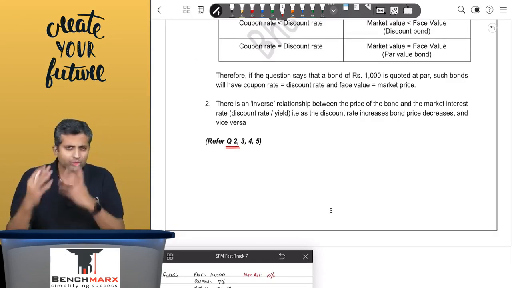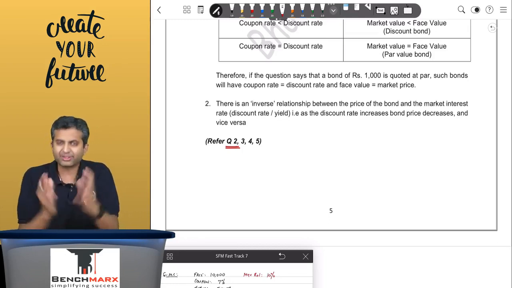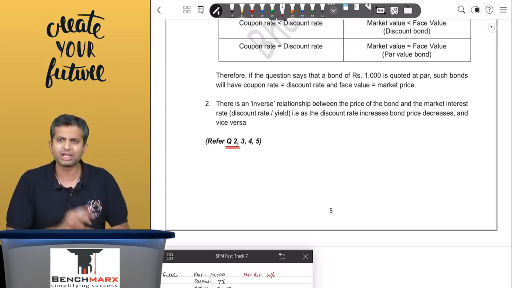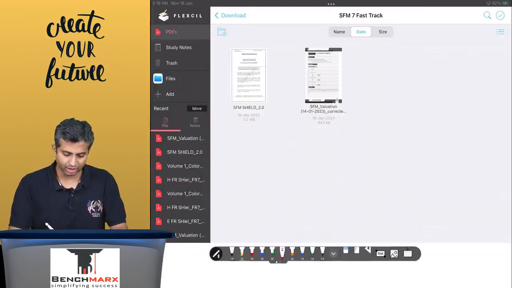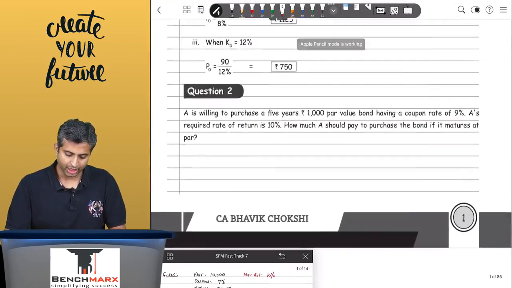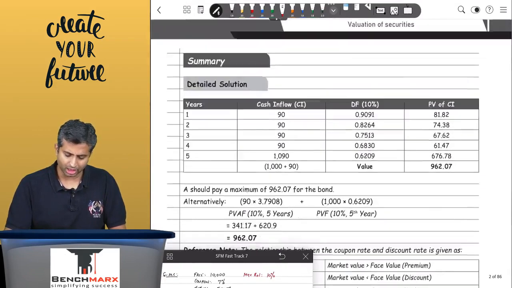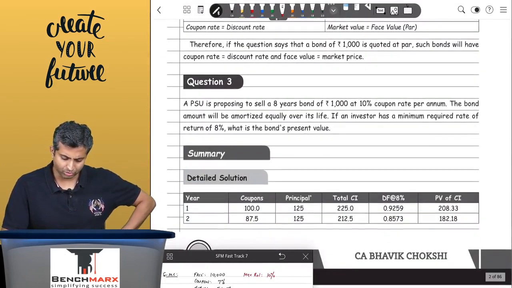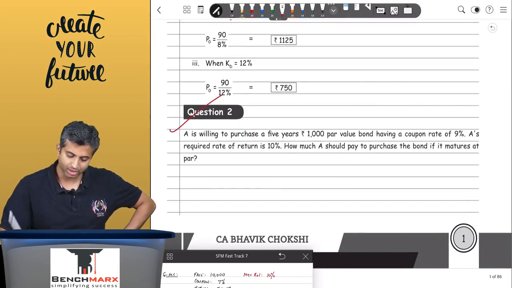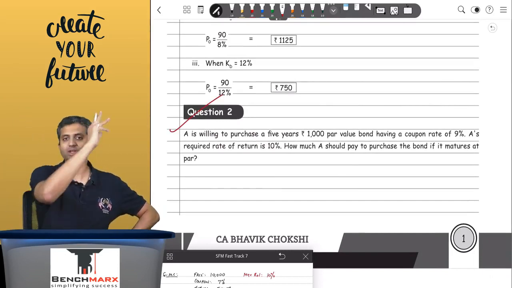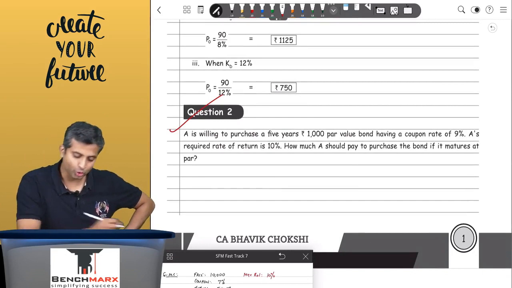Then we will do some dissection, some post-mortem of that number, try to get some conceptual knowledge, and then proceed to further things. Okay, so in your notes, I guess you will go to question number 2. This is page 1. Chalo, let's begin. Go to question number 2.